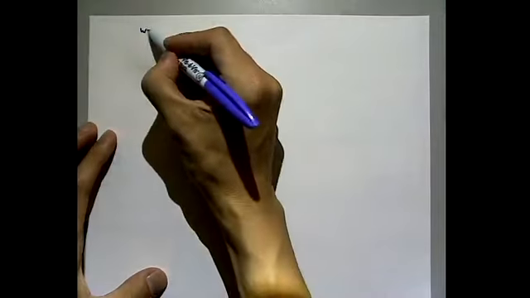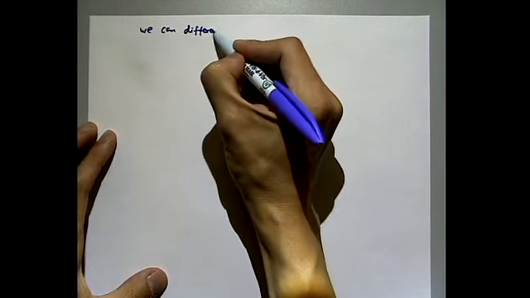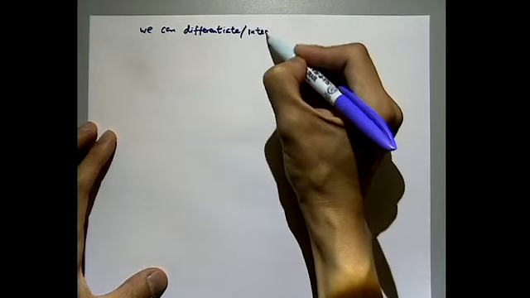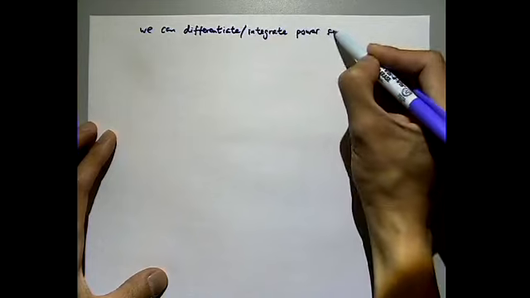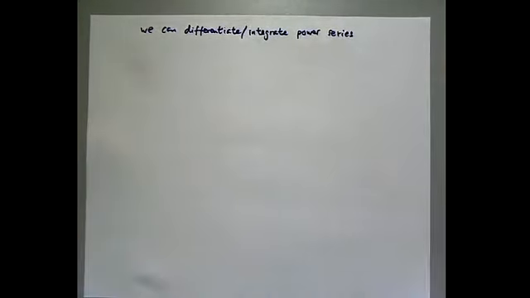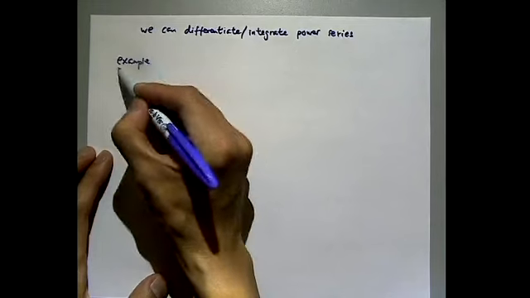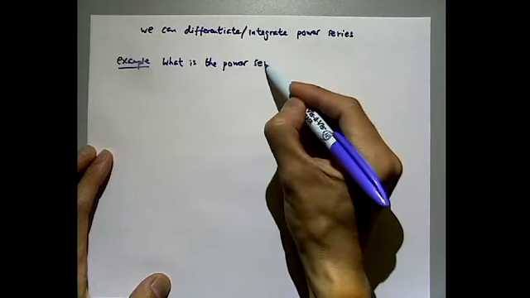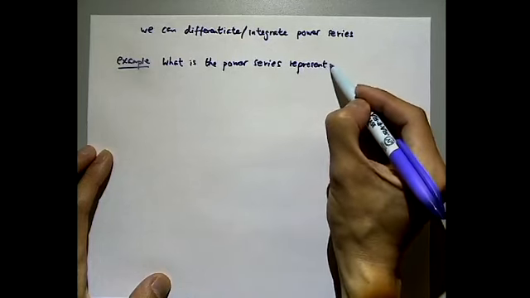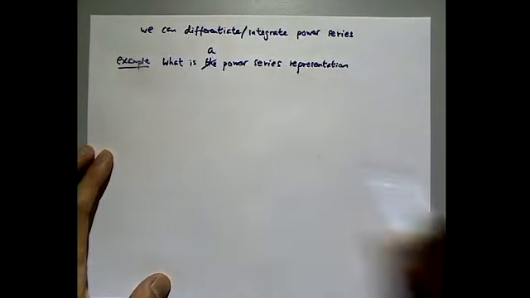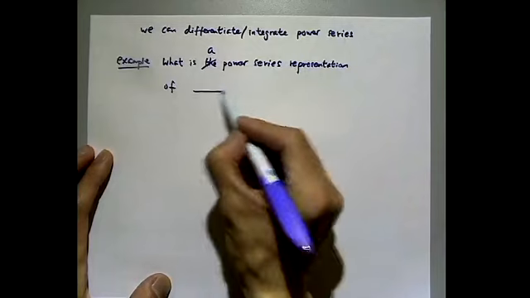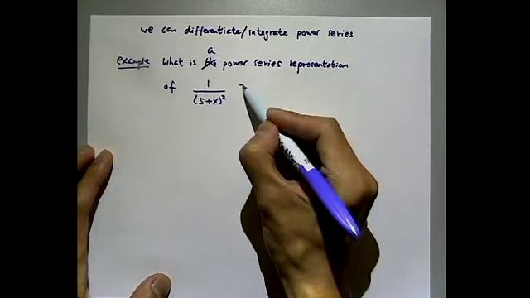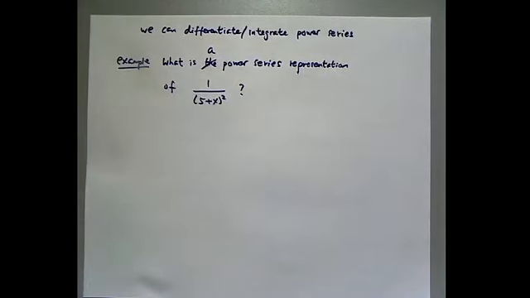And it turns out that we can integrate and differentiate all these things the usual way. So for example, what is a power series representation of one over 5 plus x, the whole thing squared?